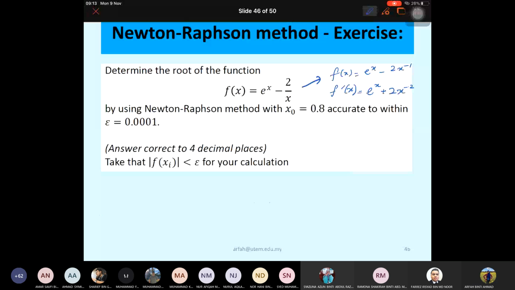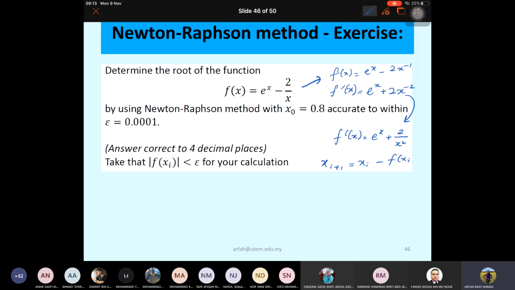Bezakan dia. Yang mana awak akan dapat f double prime x sama dengan exponential x tambah 2 per x kuasa 3. Okay. Ini adalah second order derivative. So daripada sini, awak nak kira dia punya calculation menggunakan equation x i plus 1 equal to x i minus f x i divided by f prime x i.